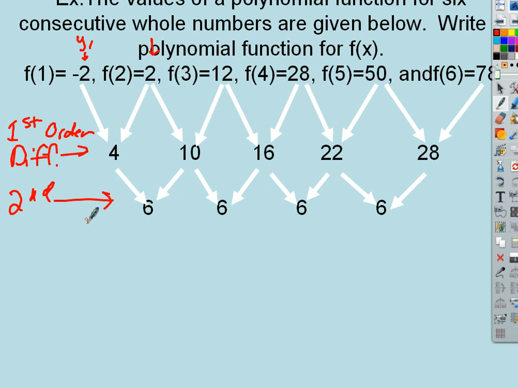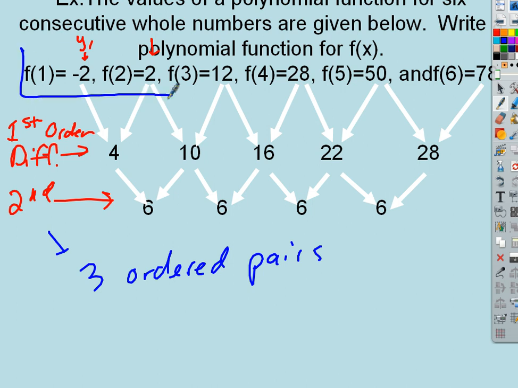If I had done this first, I would have known that because it's second order, that means I need 3 ordered pairs. So I could have just taken those 3 and forgotten about those, just to save myself some time. I wouldn't have had to put all those in my calculator.